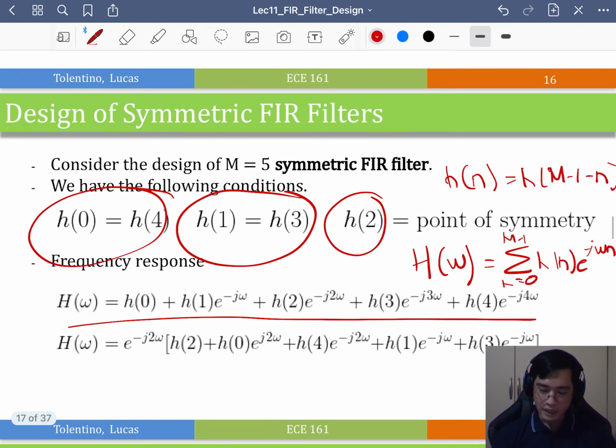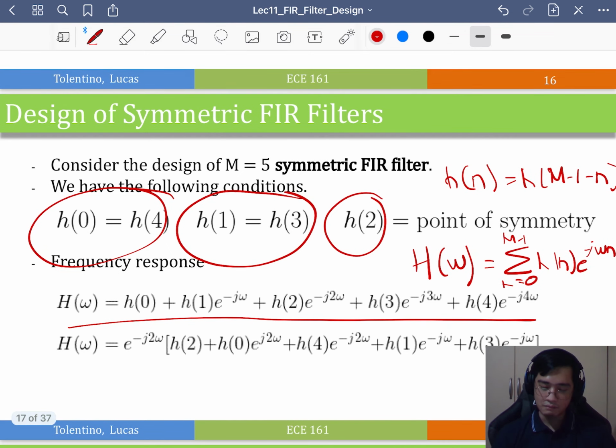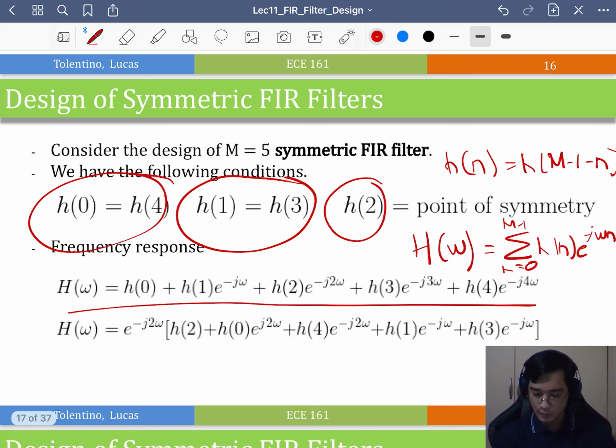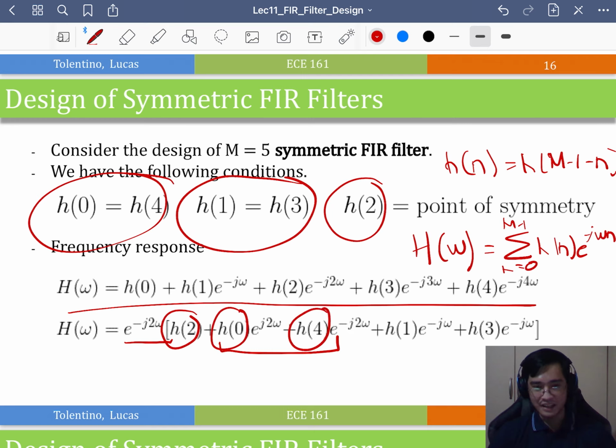Now we group together, manipulating this equation to this one, factoring out e to the minus j 2 omega. We have the single point of symmetry and then these pairs. We want to simplify things here, and I think you're getting where this is going. h of 0 and h of 4 are pairs, they are equal. h of 1 and h of 3 are pairs.